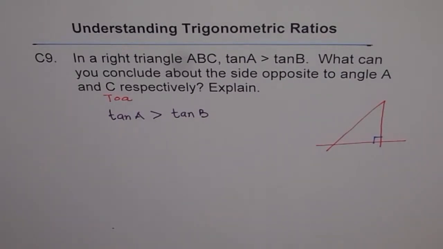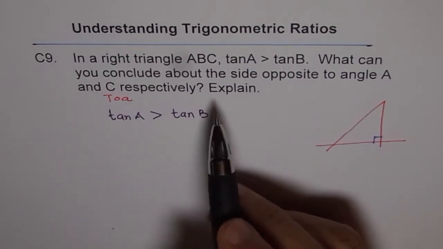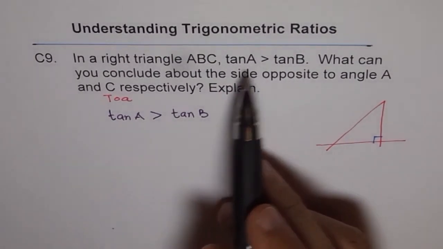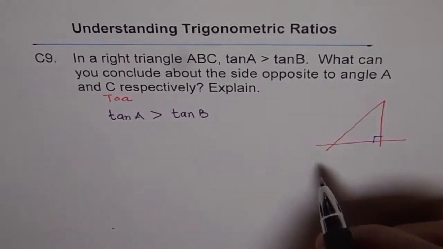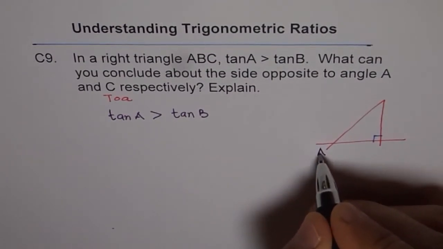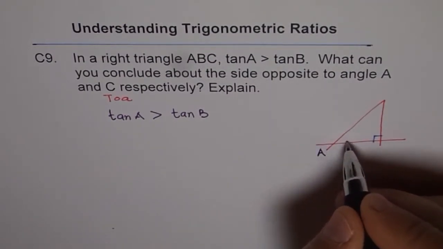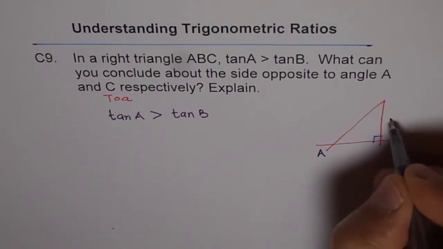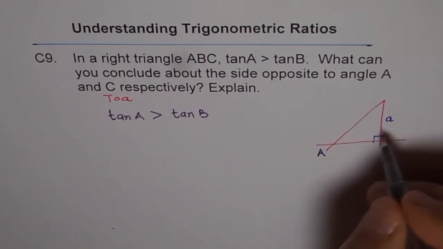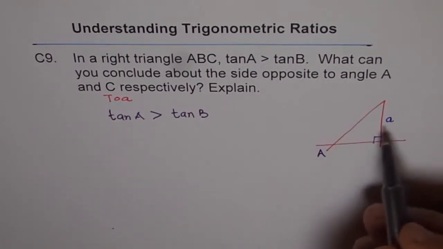Now, normally when we say angles and sides, this is how they're related. If I write A here, then this becomes the angle A, and the side opposite to A is named as small a, right? So that is a nomenclature.